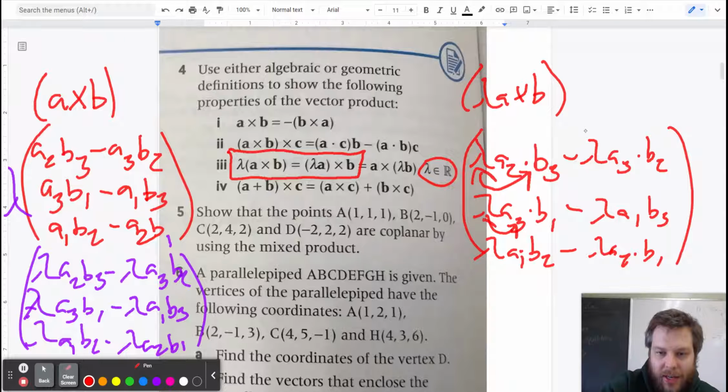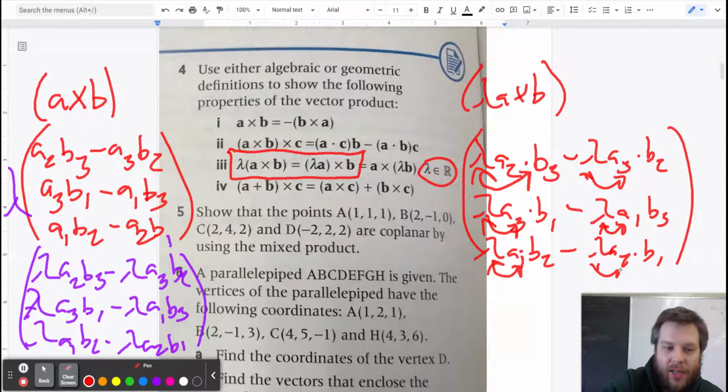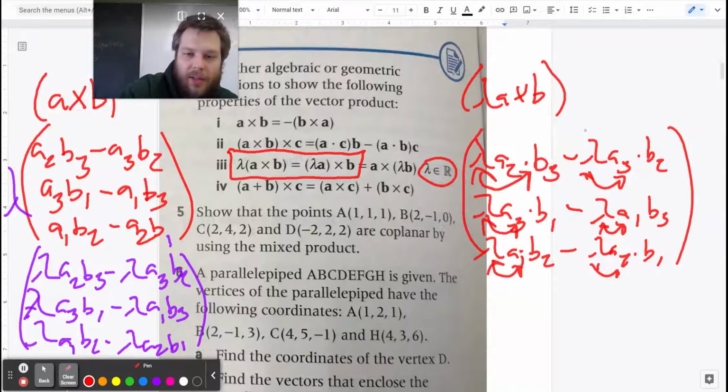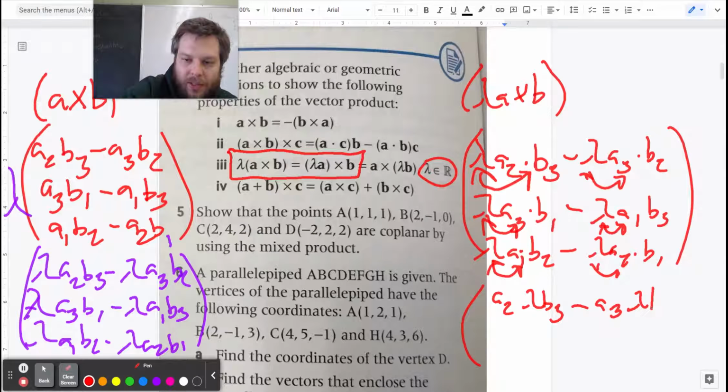So lambda and A3 switch places, lambda and A2 switch places, lambda and A1 switch places, all of these. And then we have the definition of our third piece right there. This just becomes A2 times lambda B3 minus A3 times lambda B2, which is the definition of A cross lambda B.